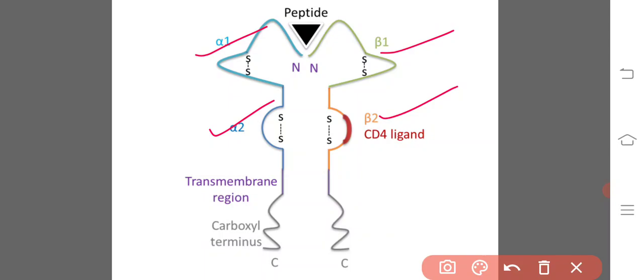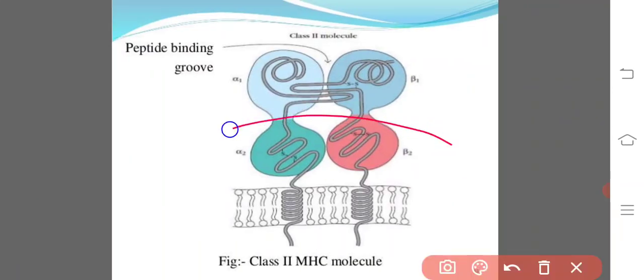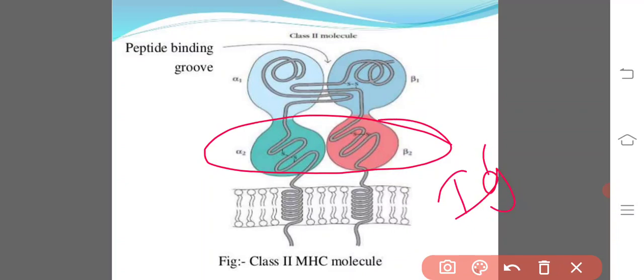The membrane proximal alpha 2 and beta 2 domains bear sequence similarity to the immunoglobulin fold structure, so class 2 MHC molecules are also classified as members of the immunoglobulin superfamily.